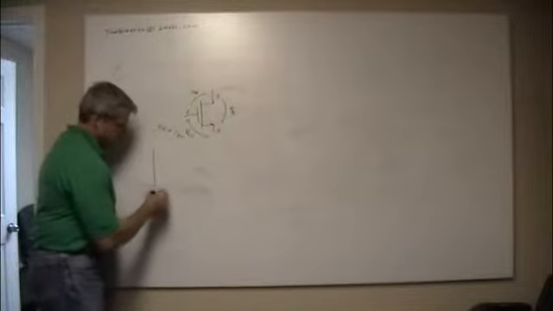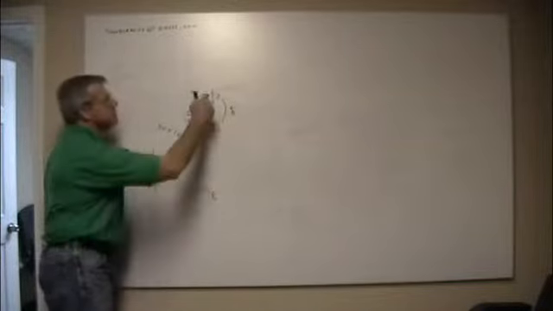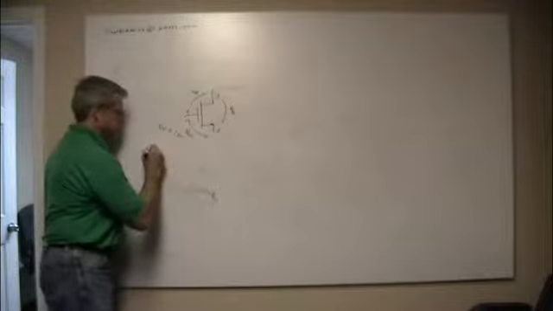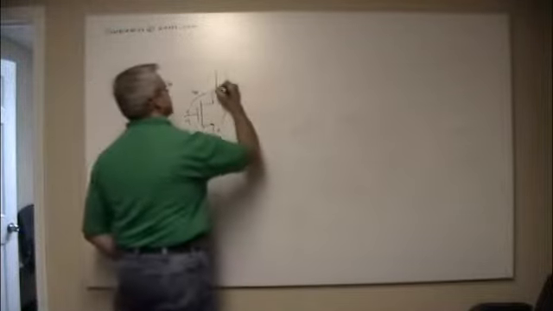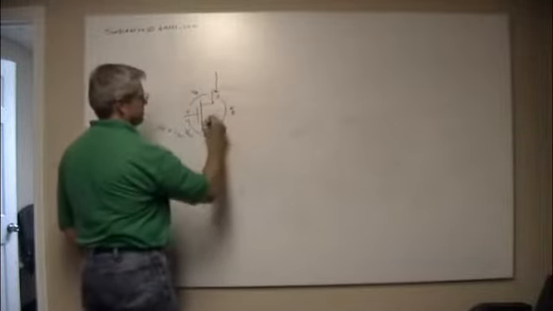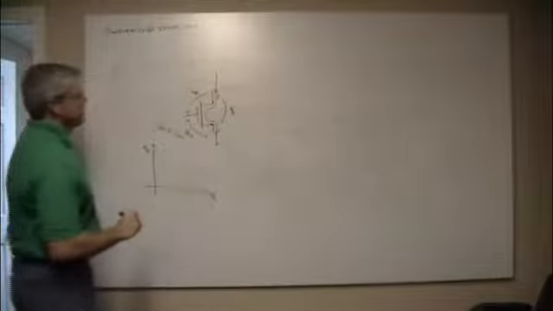So what happens is, if I say this is VGS and this is IDS, so this is the current, it will flow in and flow back out like this.